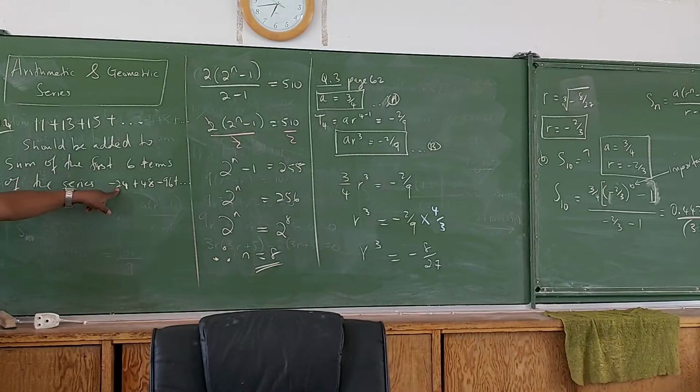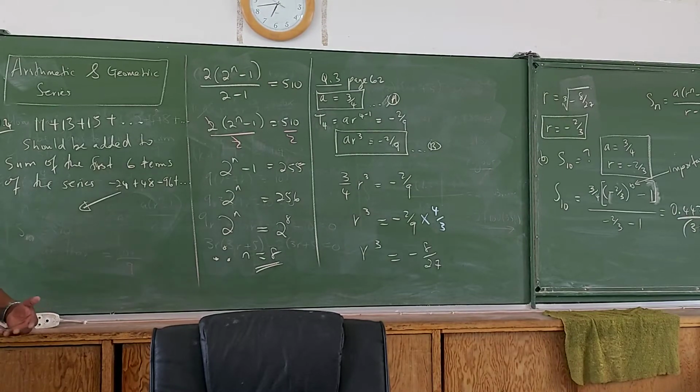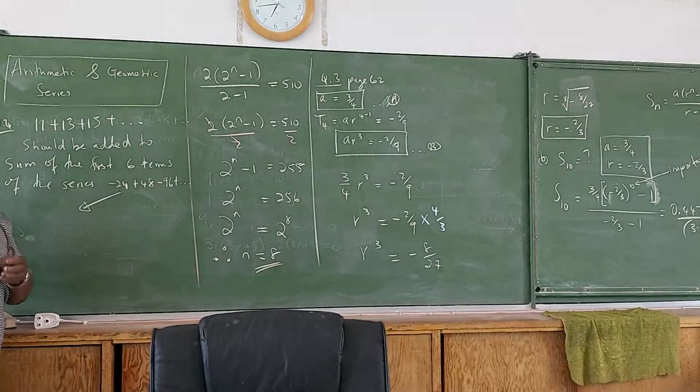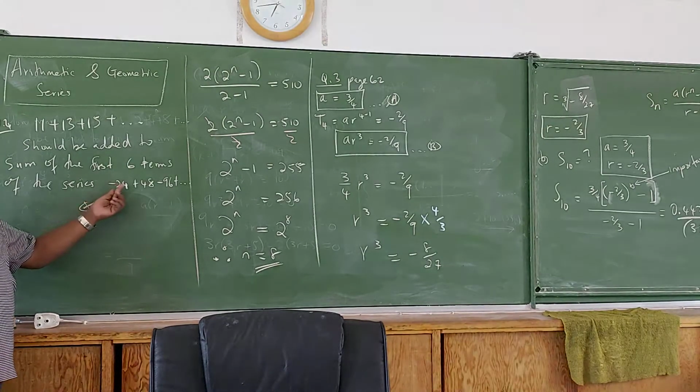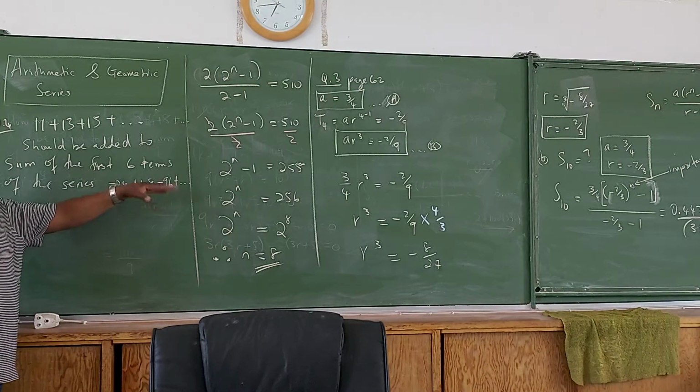But we now need to determine whether this is an AP or a GP. What can you tell me about the ratio? The ratio is obviously negative because of the alternating signs here.